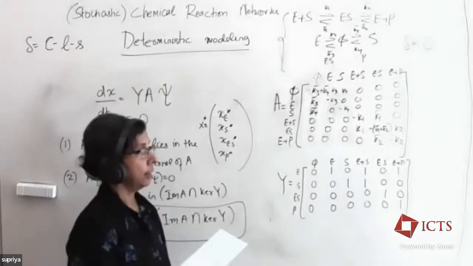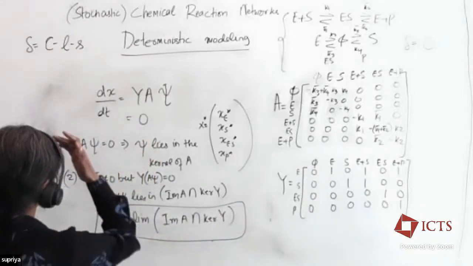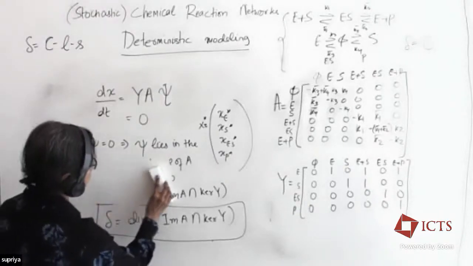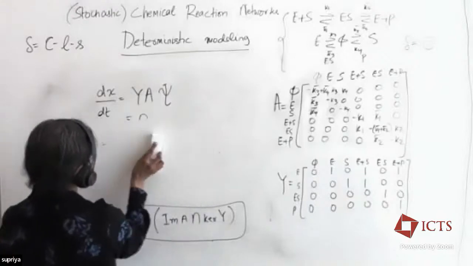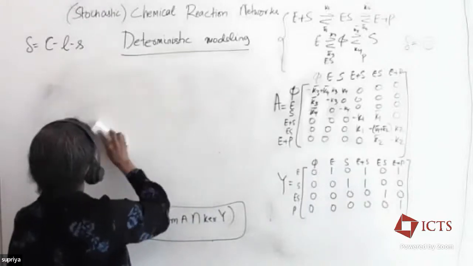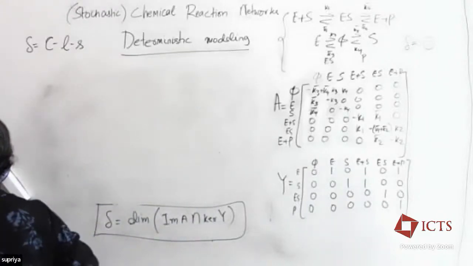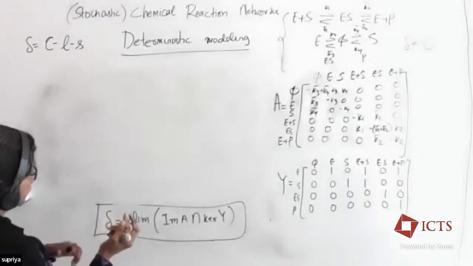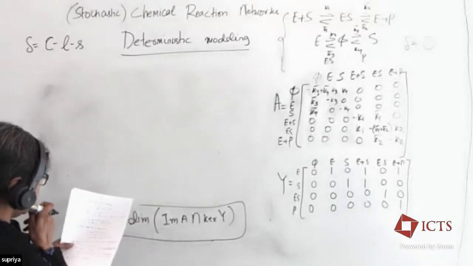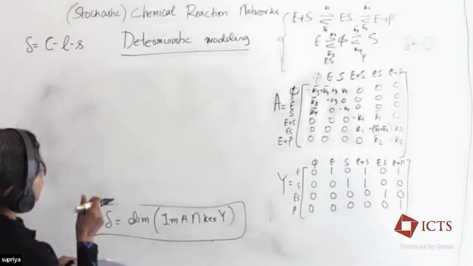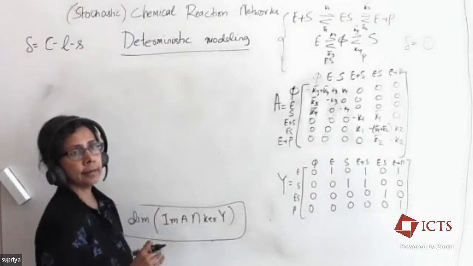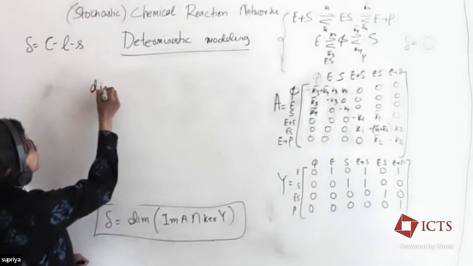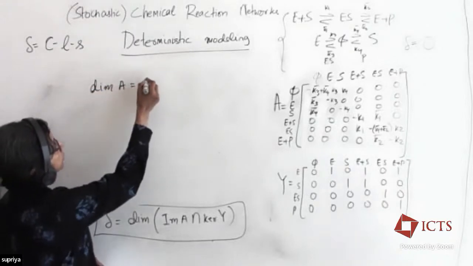So let's continue thinking of our A. The dimension of A is defined as the number of columns.